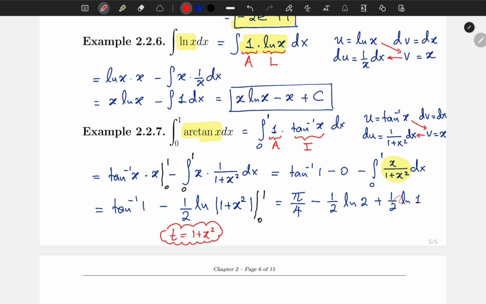Now, ln 1 is 0. Therefore, we are left with pi over 4 minus half ln 2. Since it is a definite integral, you get a number as your answer.